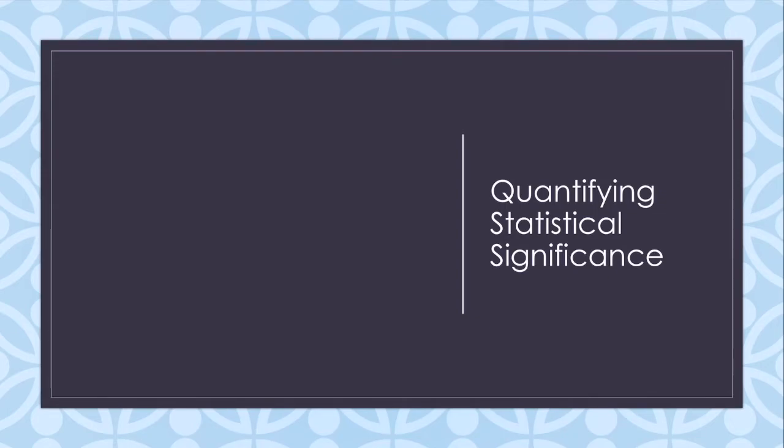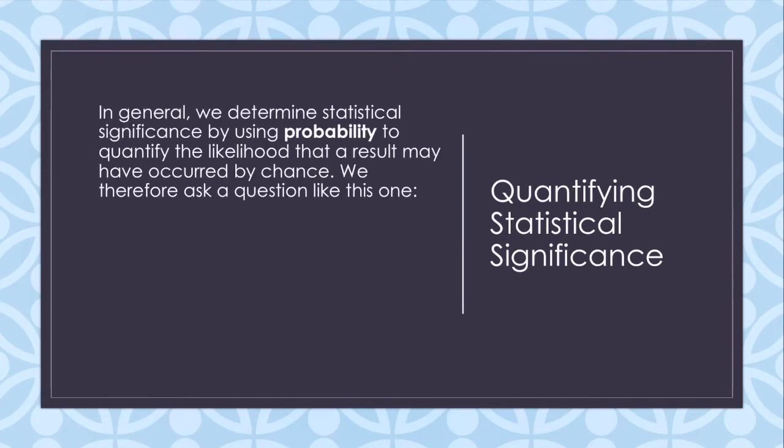Let's talk about quantifying statistical significance. So in general, we determine statistical significance by using probability. This is something we briefly talked about in my finite math course. So hopefully you've seen it before. Otherwise, there are more links to videos on probability.